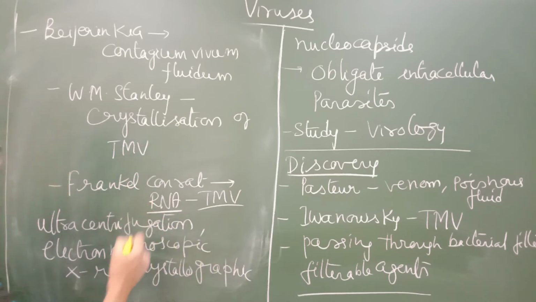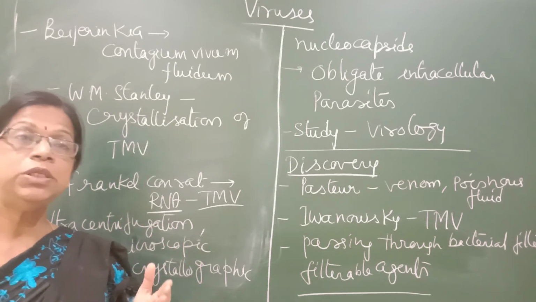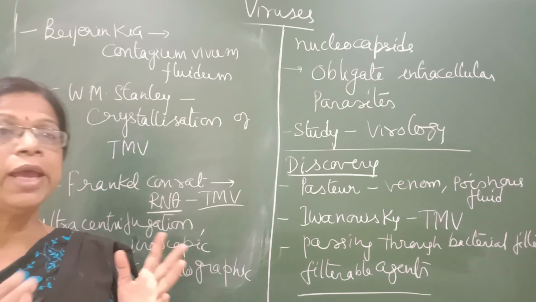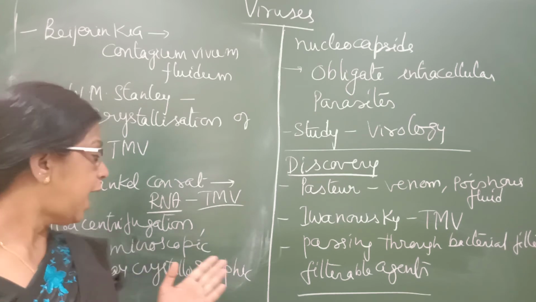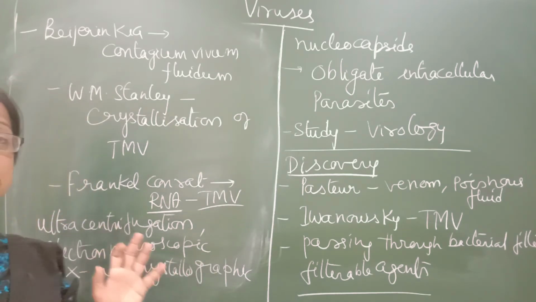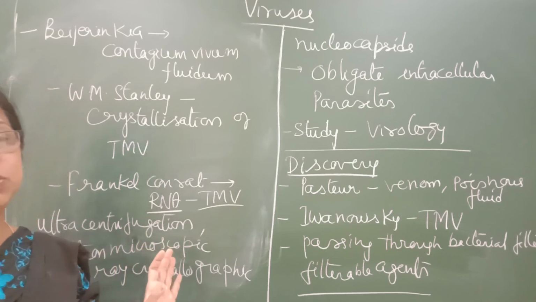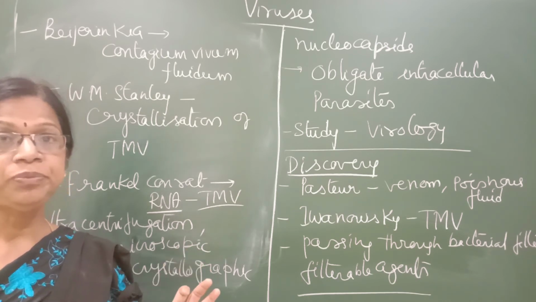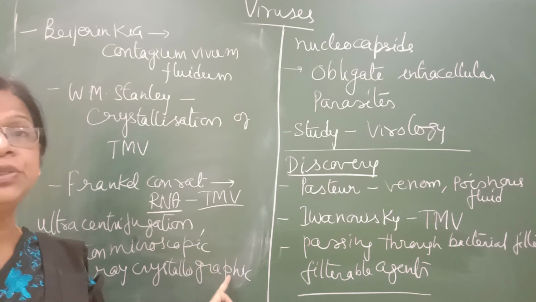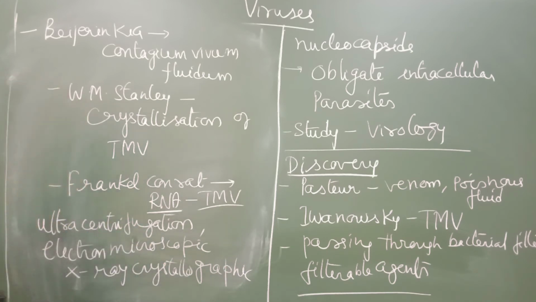What is the use of ultracentrifugation? It helps in separating viruses from other components, based on their size or structure. X-ray crystallography helps in understanding the molecular structure. Similarly, the electron microscope also helps to observe the structure at a molecular level, and what exactly the molecular structure is can be identified by X-ray crystallographic studies.